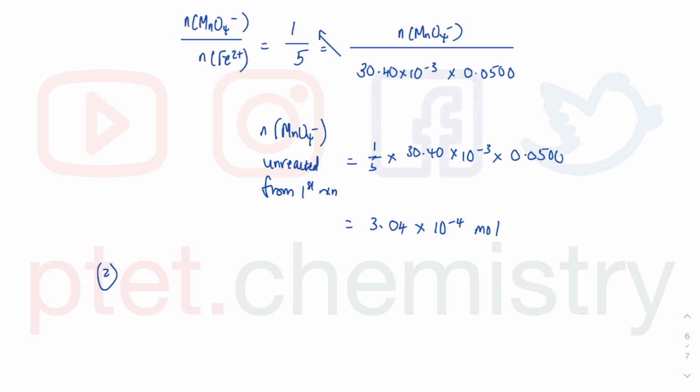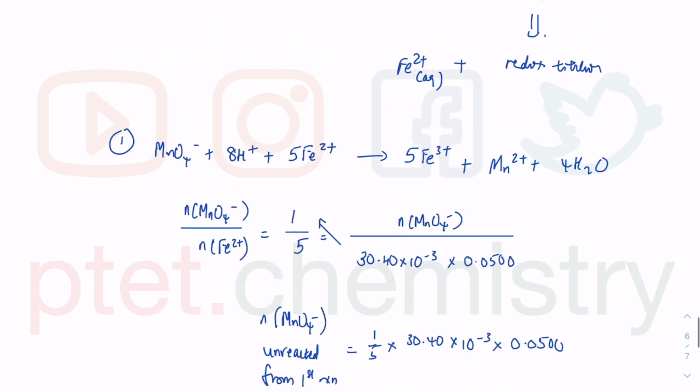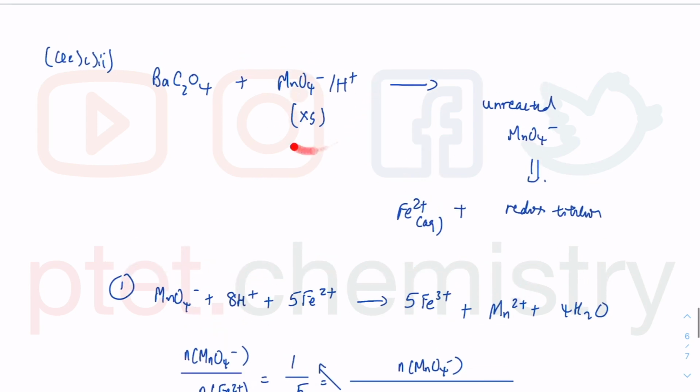Anyway, what other information am I given? I was told how much manganate I use in total. In total, which is in excess, I have 50.0 cm cube, and I also have 0.0200 mole per dm cube.